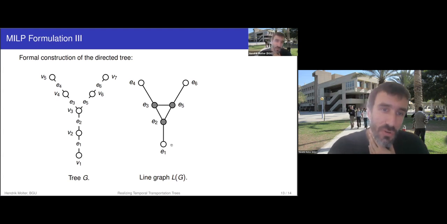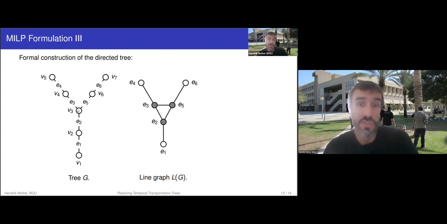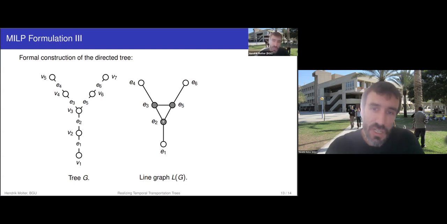And what I can do now is the cliques of size at least 3 in this line graph correspond to the high degree vertices in my original tree. So what I do is I merge these to a single vertex, and the remaining edges I direct in the way the vertices corresponding to these edges are traversed.